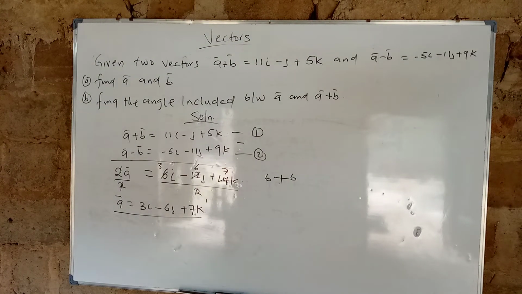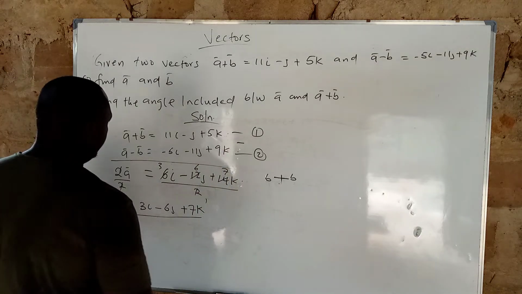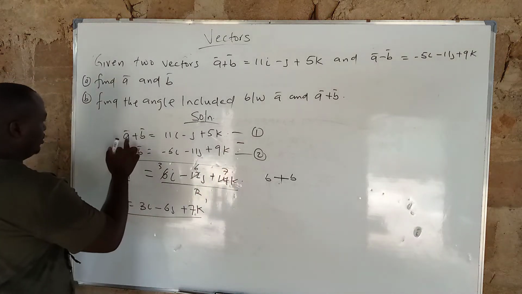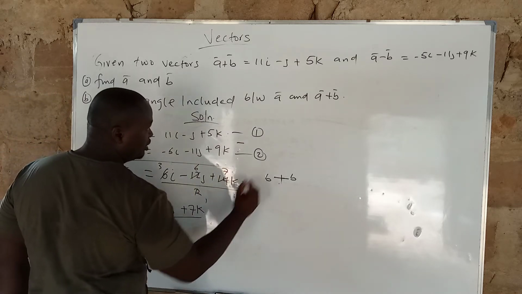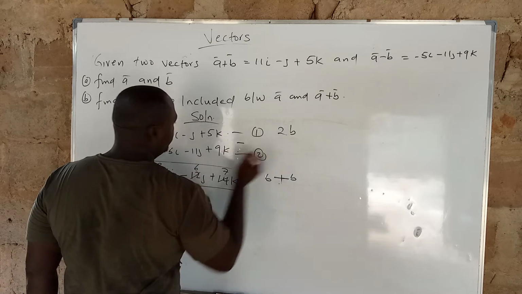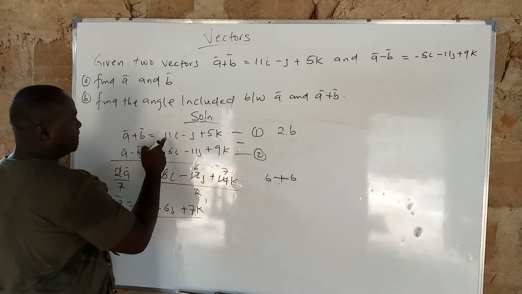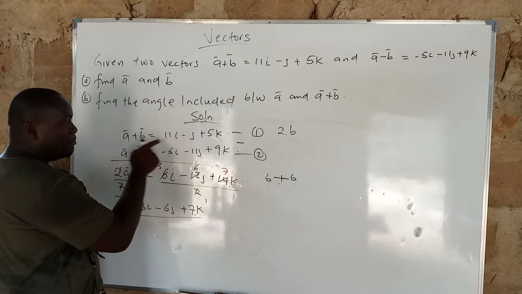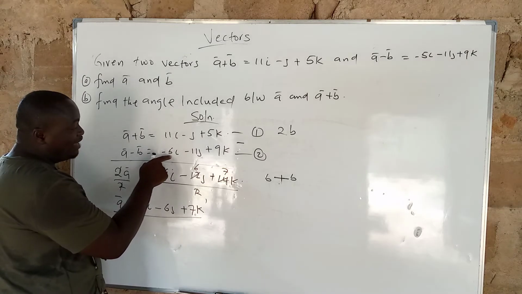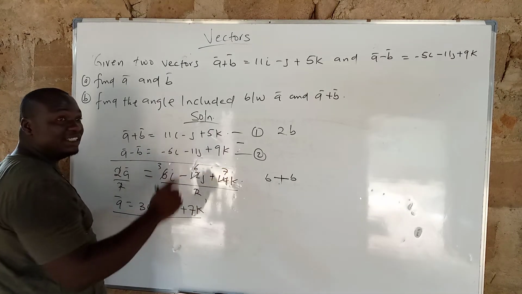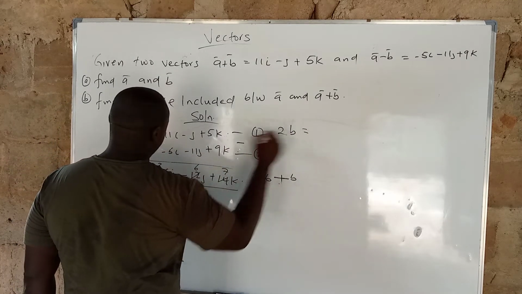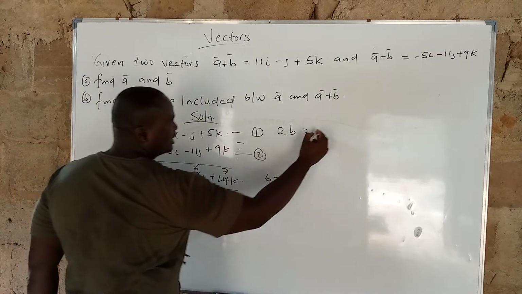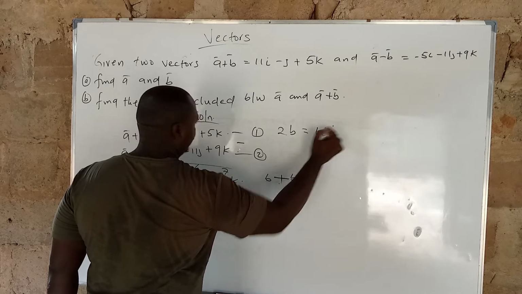Now, if we want to minus, this will give us 0 already, so this will give you 2B. Let me write it here. 2B, right? Now, minus 11 minus 5I should give you minus times minus, which gives you plus, and that should give you 16, that should give you 16I.